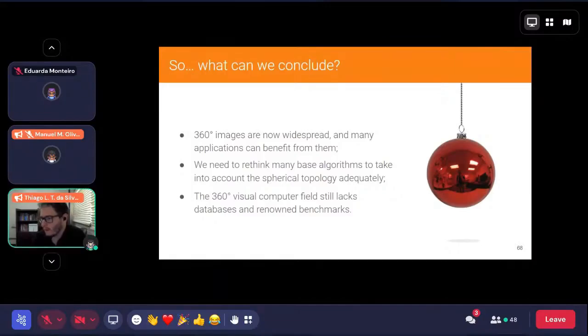And one final issue that we can recap here is that we still need some data sets, and we still need some metrics to evaluate different methods, and without this kind of resources, we cannot advance these areas.